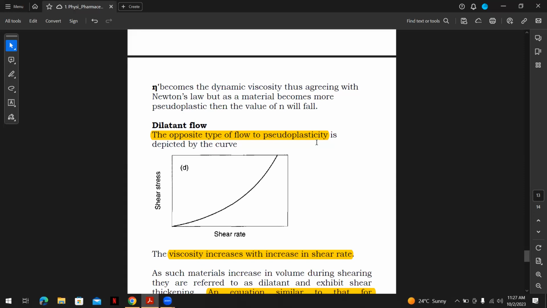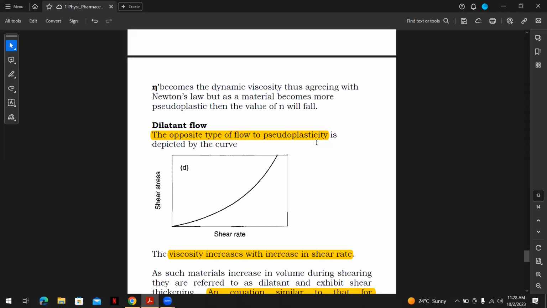The more you keep mixing and mixing, it becomes difficult for it to flow easily. So the viscosity has increased. And we said viscosity is a fluid's resistance to flow. So that's basically it. If you see dilatant flow, just know that it is ugali.